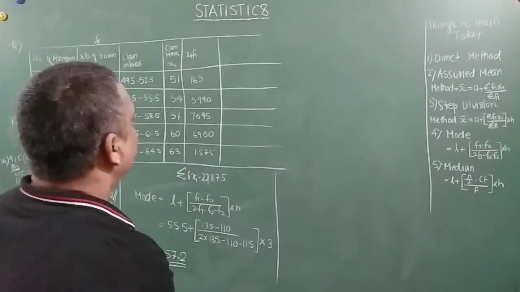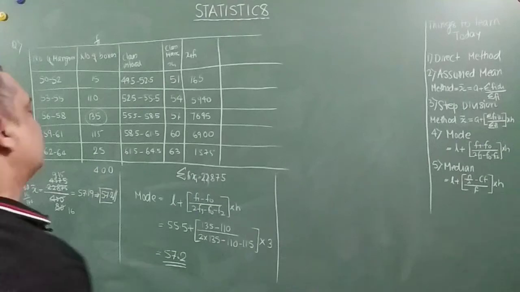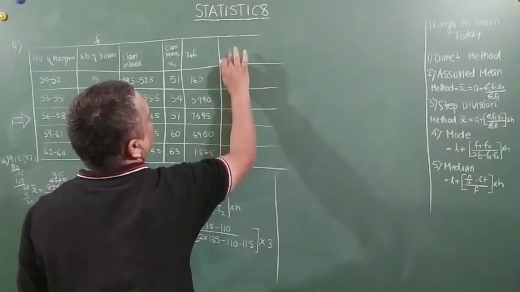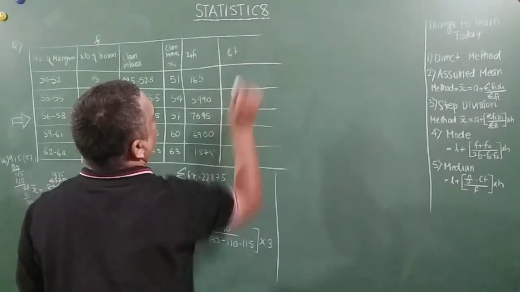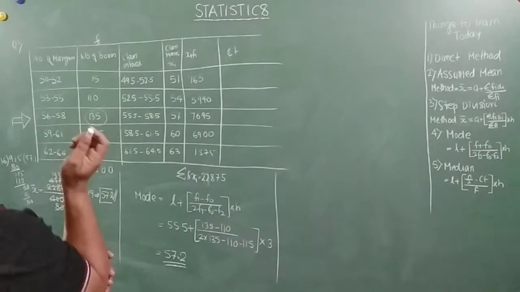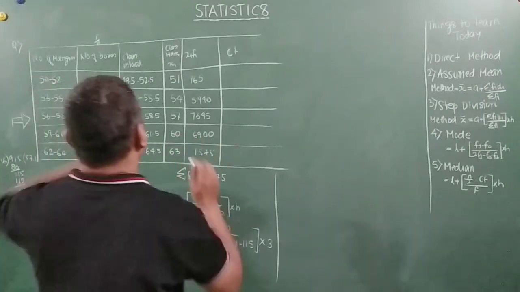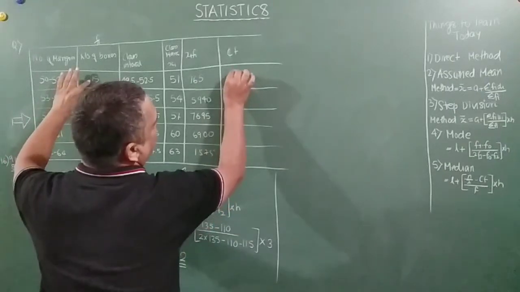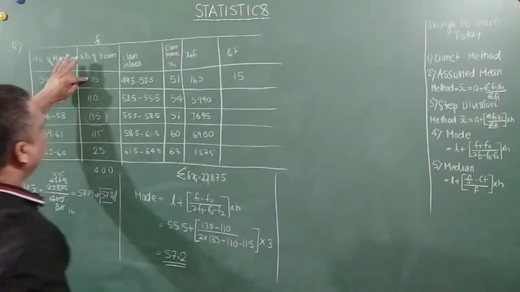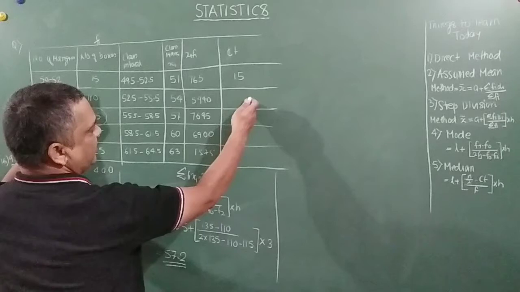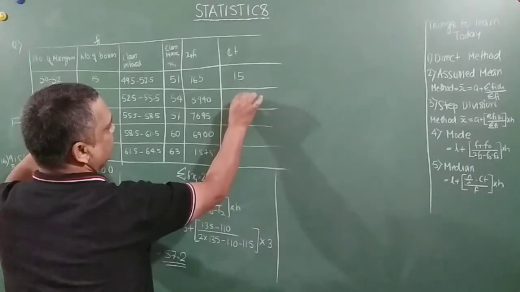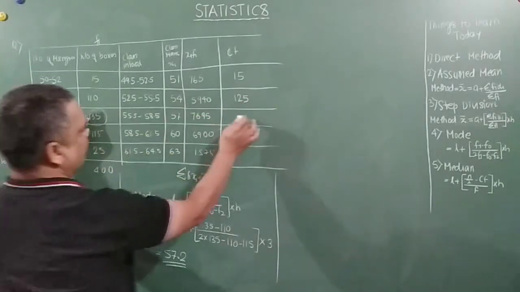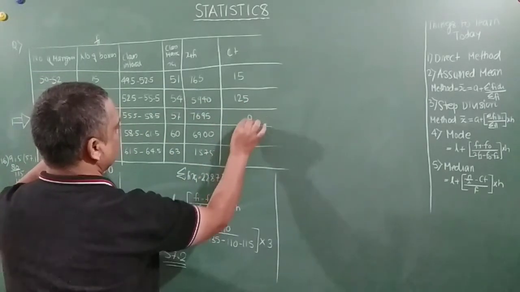So for median, what we have to do is take the cumulative frequency. Frequency here is 15, so this will be 15. 15 plus 110 will come here, that is equal to 125. Right? 125 plus 135 will come here, that is equal to 260.